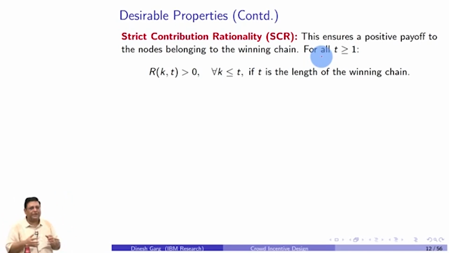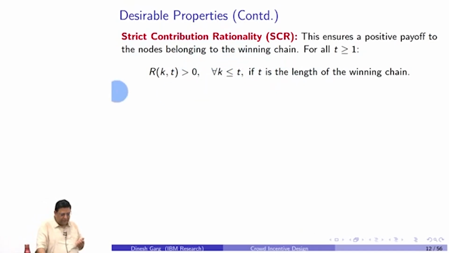For example, even if I am part of the winning chain and I get a 0 reward, suppose the scheme is such that I may get 0 reward, then what's the incentive for me to recruit? So in order to avoid that, you may put this extra condition, namely R_K^T greater than 0 for all K less than T, if T is the length of the winning chain. So this is called strict contribution rationality.